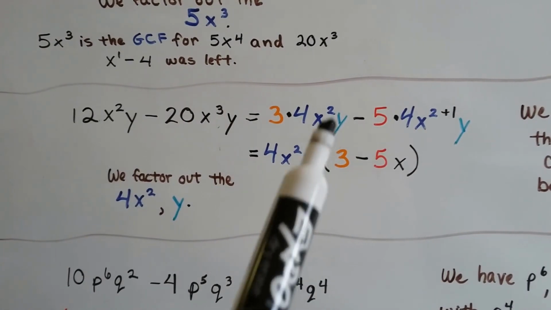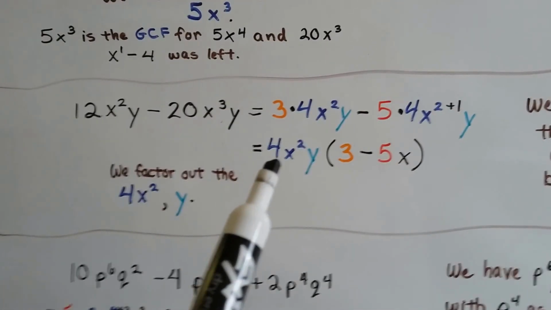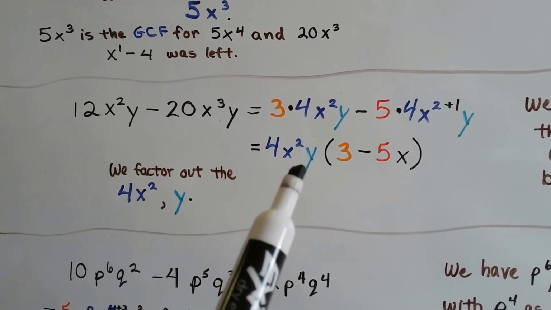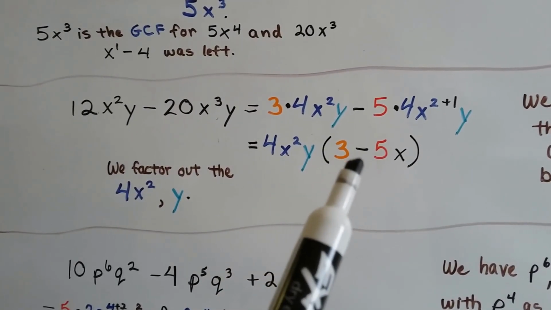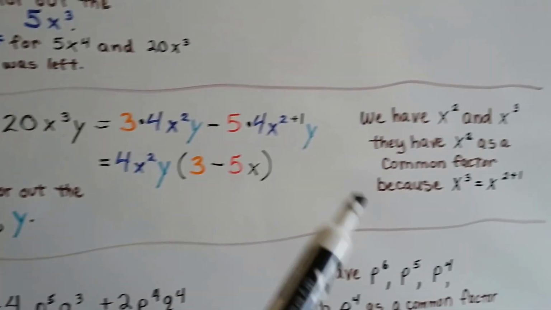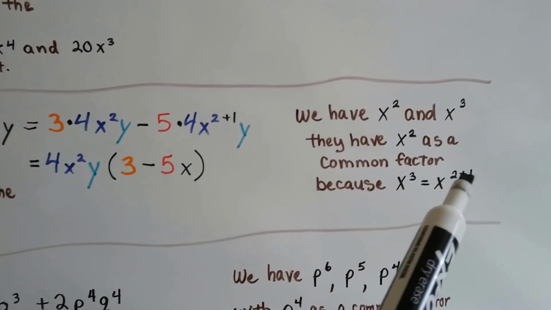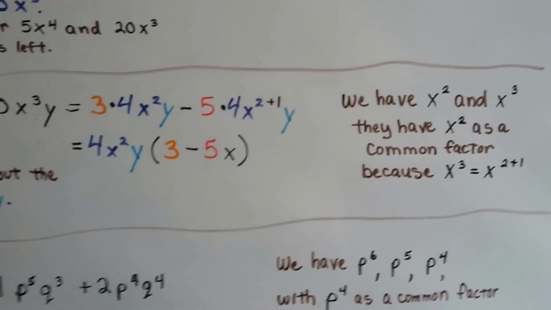And the 5. These y's can come out because they're in common. So now we've pulled out 4x squared y, and we're left with 3 minus 5 and 1x, see? That x squared and x to the third have an x squared in common because that x to the third is a 2 plus 1, see?